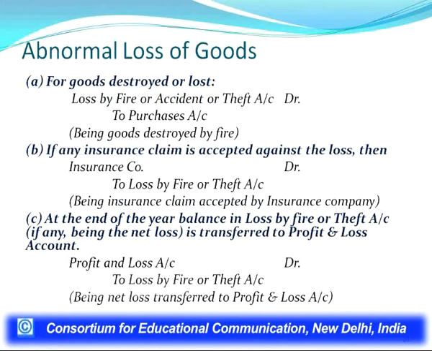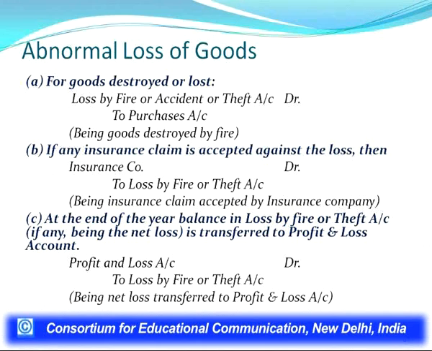Now you see abnormal loss of goods. Many examples are there. Goods may be destroyed due to some accident, some fire, some theft. So it is a loss to the firm. Loss to the firm means an expense or loss account is to be debited.